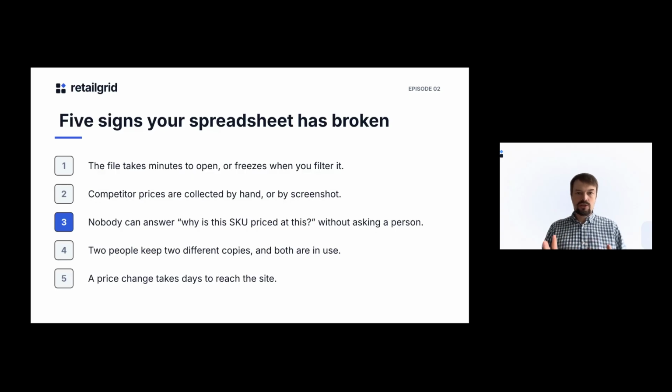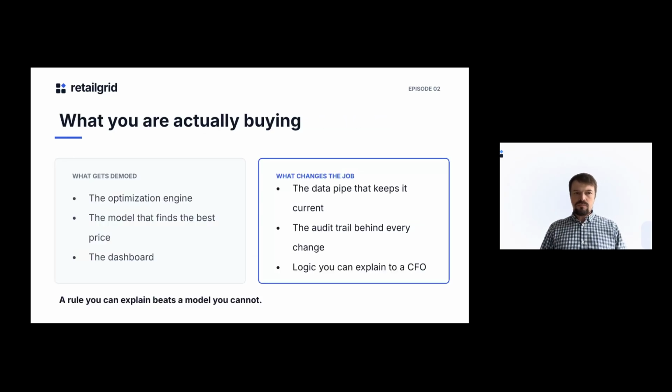When you're small, it's okay. Strategy can be very simple, but once you're getting bigger and the assortment is getting bigger, it's definitely not enough. So when you're buying software, before you realize you have a problem, you need to buy software, right?